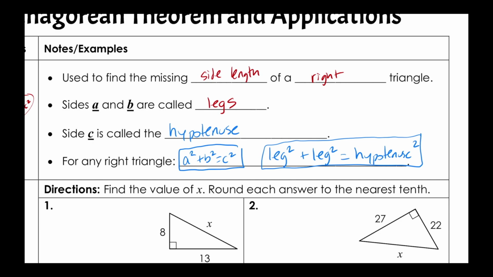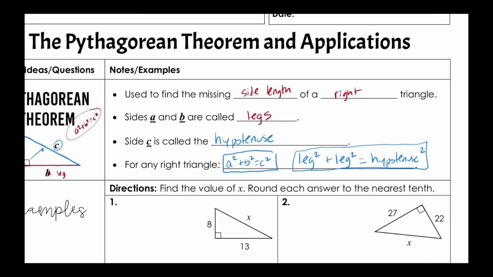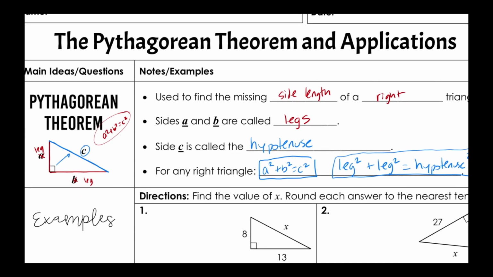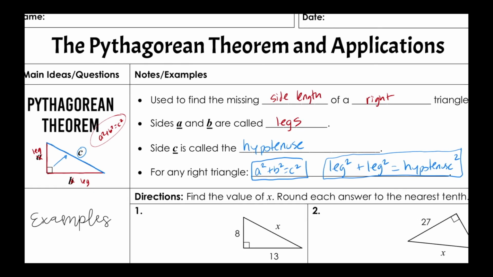They really don't have any meaning. You should know it as leg squared plus leg squared equals hypotenuse squared. The legs are the two sides that form the right angle, and the hypotenuse is that long side. This is the hypotenuse, that long side.